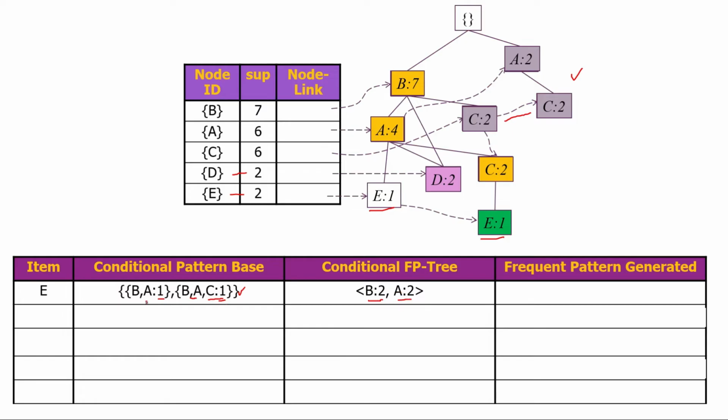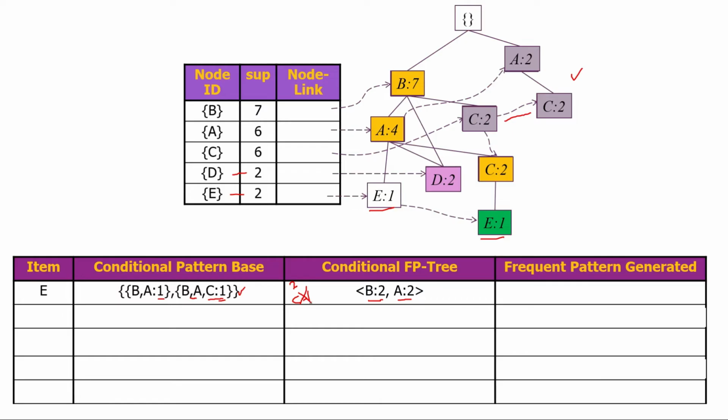As you know, B occurs in both paths, and both paths have value 1, so that's why B has 2 and A has 2 in this conditional pattern base. But if we look at C, C occurs only once, in one path. As you know, the minimum support for our scenario is 2, so we cannot consider C further.